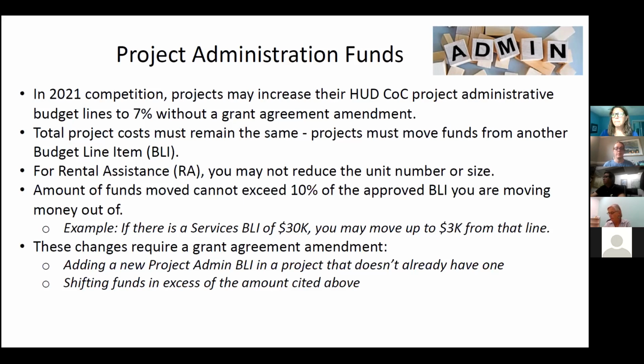The amount of funds moved cannot be more than 10% of the budget line item you're moving the money out of. So for example, if you have a supportive services budget line item of $30,000, you may move up to $3,000, 10%, from that line item.